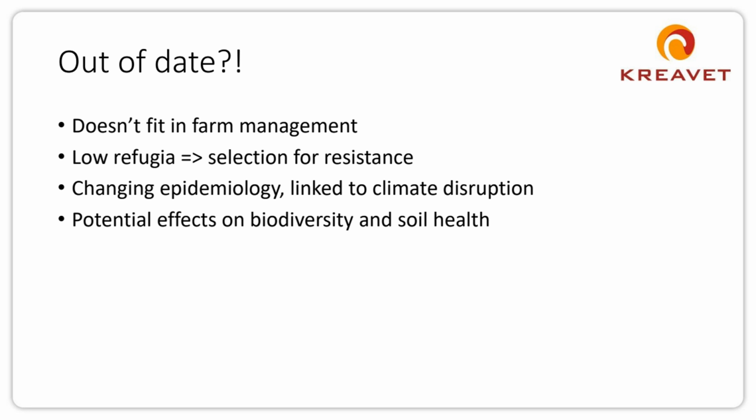As I showed, we don't often see this traditional summer peak anymore, but depending on the weather circumstances of that specific year, often the infection will only occur later. So if there's no risk anyway in the beginning of the grazing season, there is little value to treat at that point, and it could be wasted energy and costs.